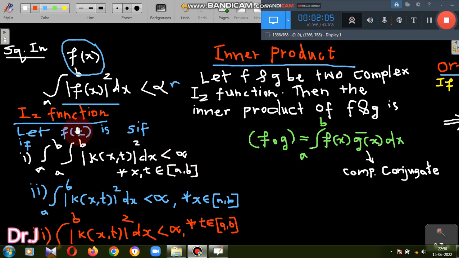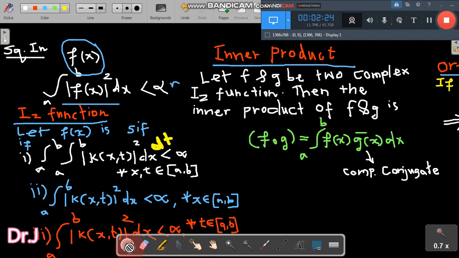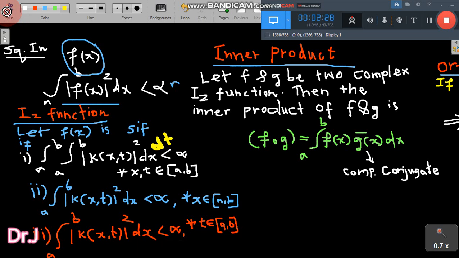I mean the double integration dx dt. Here dt should come here; it is lost somewhere, so it is better to write dt here.